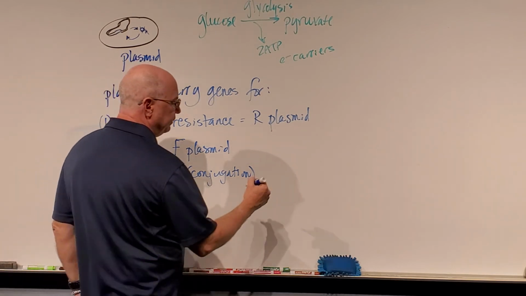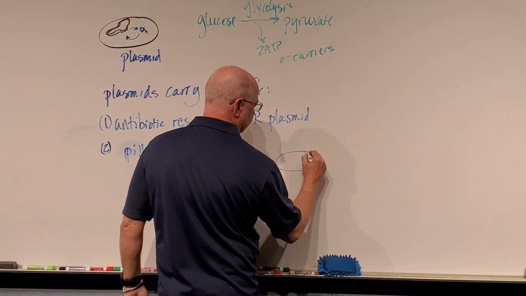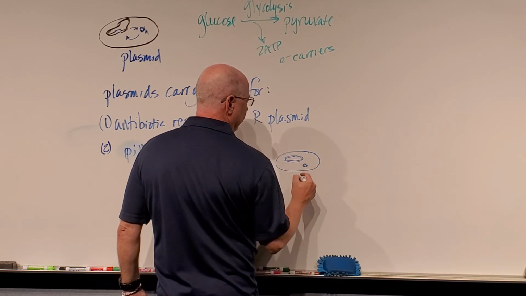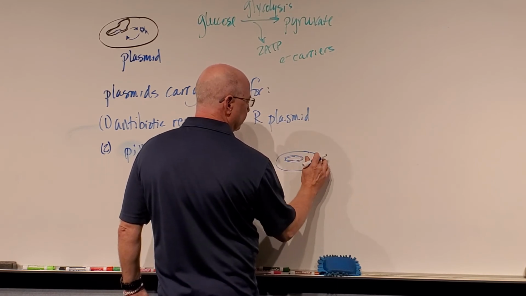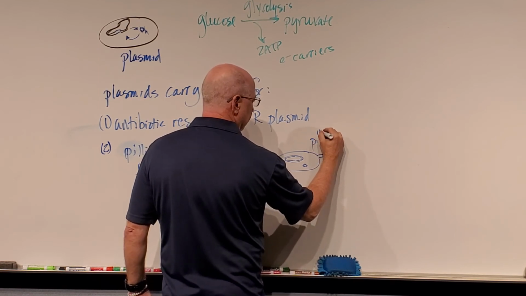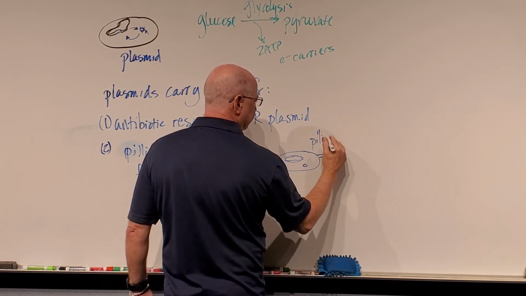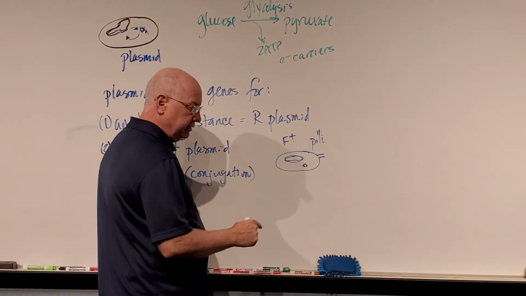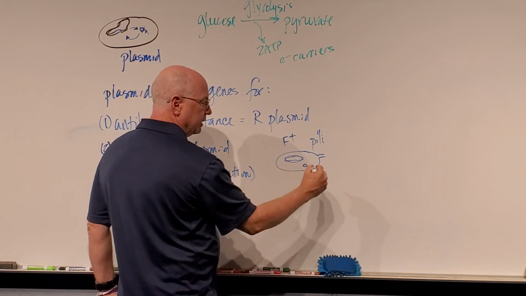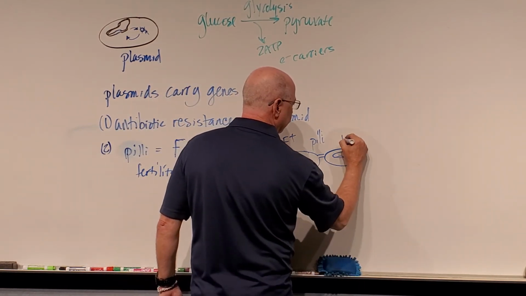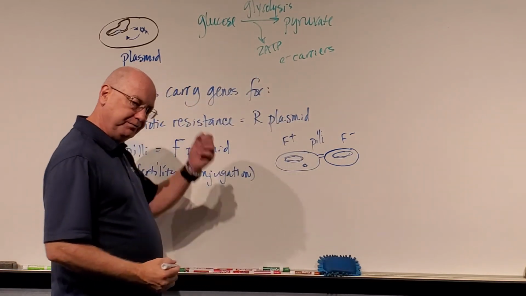And what happens is, if I have a bacterium that has its normal chromosome and carries an F plasmid, then when it incorporates that gene, it can make a pili. And if you recall, the pili will allow what we call an F positive bacteria, the one that carries the F plasmid, to fuse with a bacterium that does not have that plasmid, and we call that an F negative bacterium.